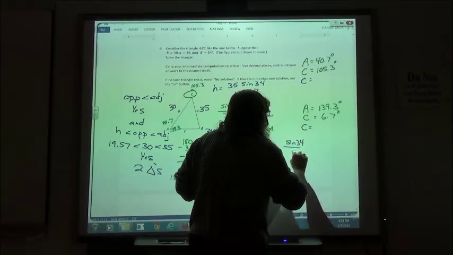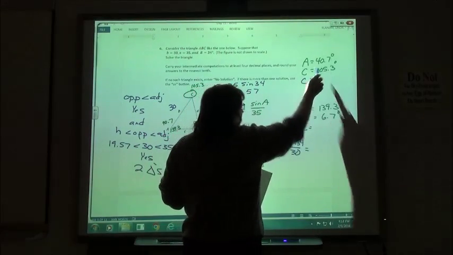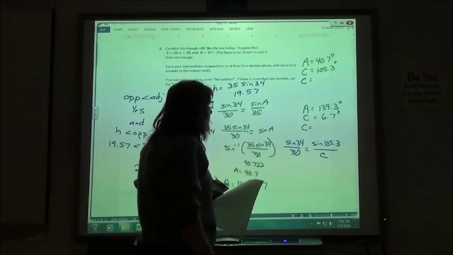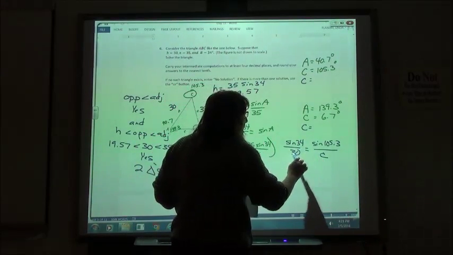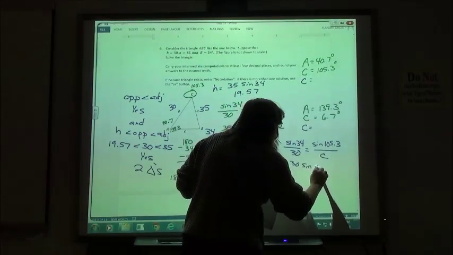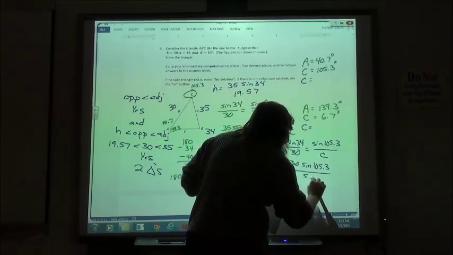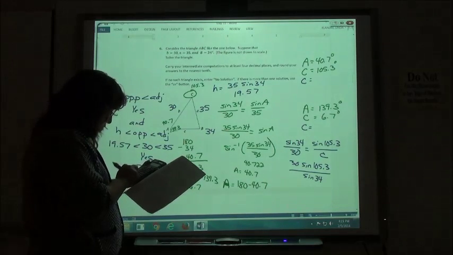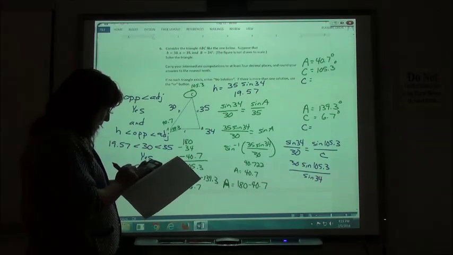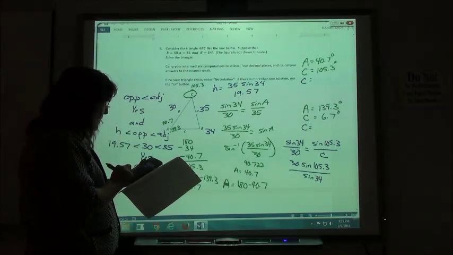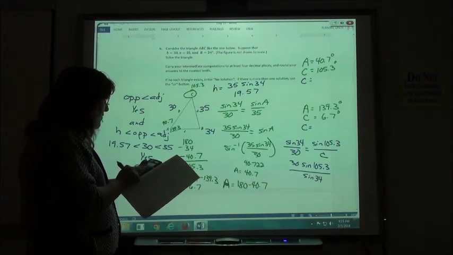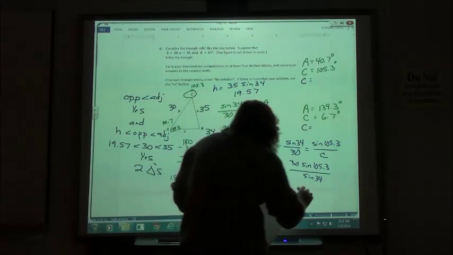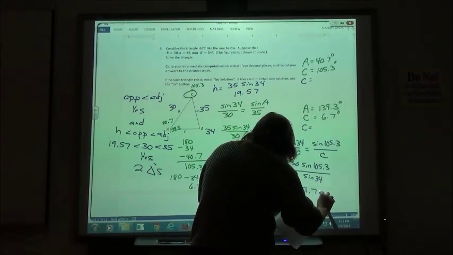Sine of 34 over 30 is going to equal side C, which would be the sine of 105.3 over C. So solving that one, when I cross multiply, I'm going to take 30 sine of 105.3 divided by the sine of 34, which gives me 51.747.